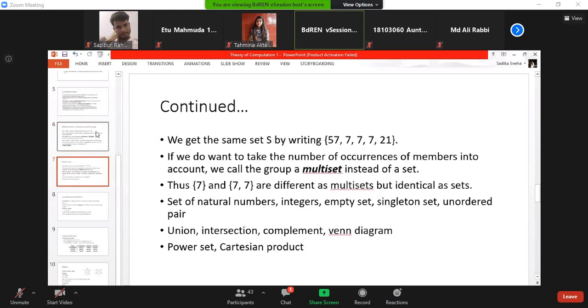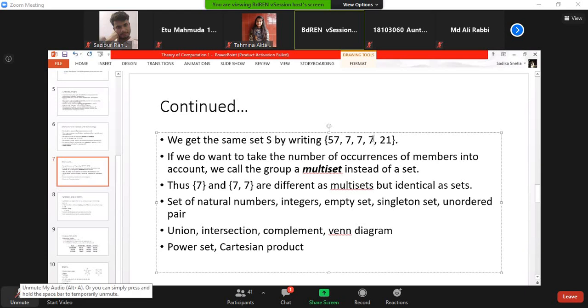Now, as you can see, there is another set of elements mentioned here where there are 3 sevens. You can see there are 3 sevens. So what should be happening to these 3 sevens if it is a set?